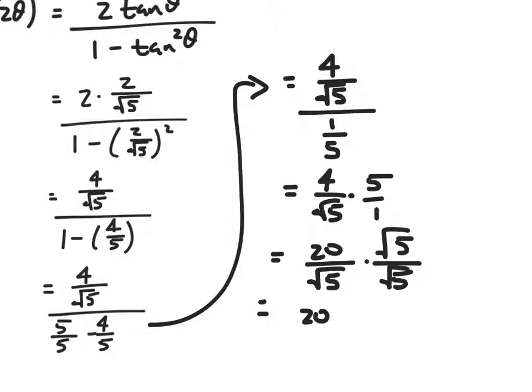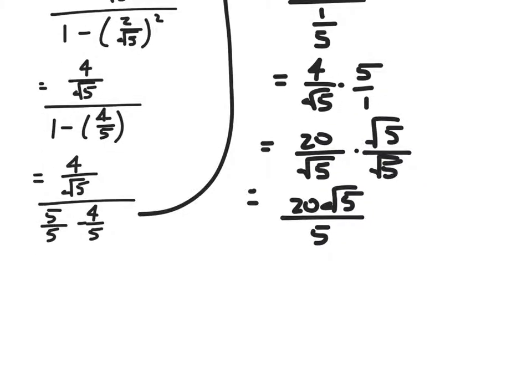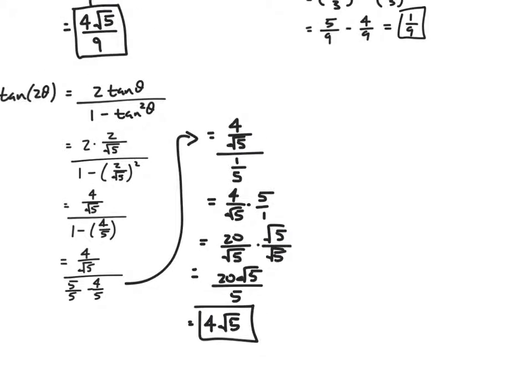So I've got 20 times the square root of 5 over 5. Now the 20 and the 5 divide out, so that's going to give us 4 times the square root of 5. All right, and that is my answer. So yeah, it's a lot of arithmetic once you get down into that, but thankfully we know how to do that. All right, we got one more on this side.